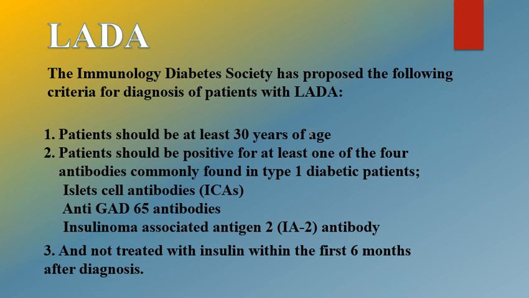In case of type 1 diabetes mellitus, early at the onset, some of these may appear in the plasma of the patient. For example, islet cell antibodies, anti-glutamic acid decarboxylase 65 antibodies, insulinoma associated antigen antibody.